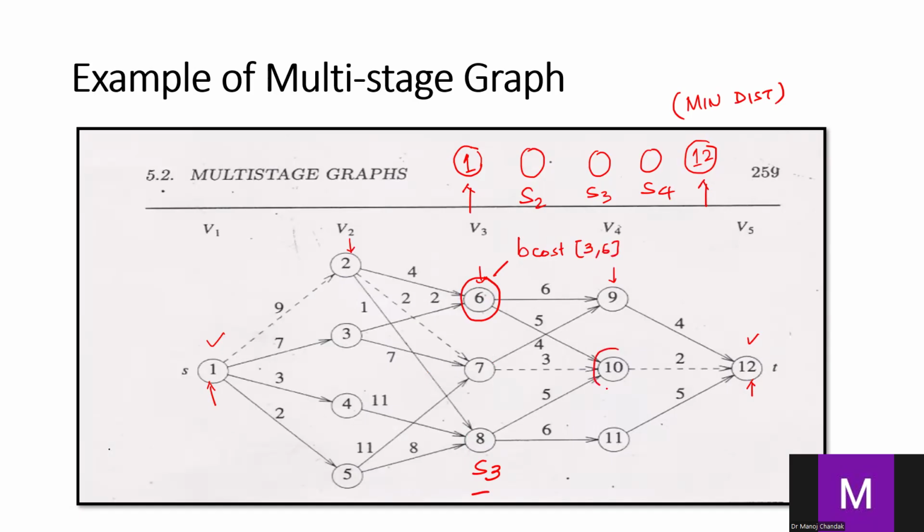If I take this vertex, then I will take it as B cost of stage 4 vertex 10. The basic idea is you will finally be traveling to B cost of 5, 12, that is stage 5 and vertex 12. And the starting vertex will be B cost of 1, 1, that is stage 1 and vertex 1.